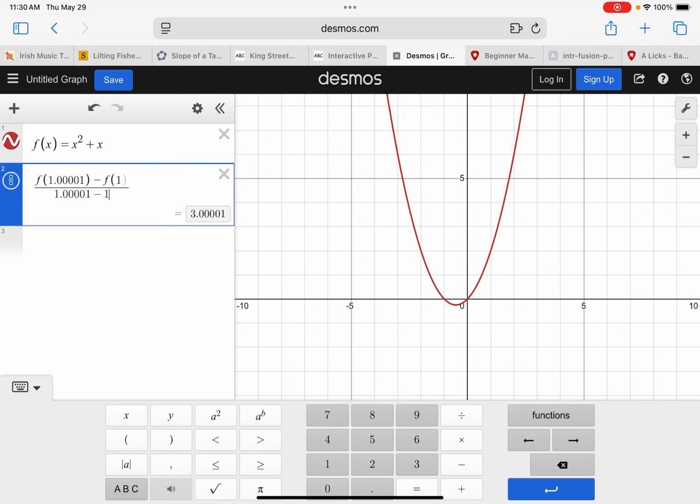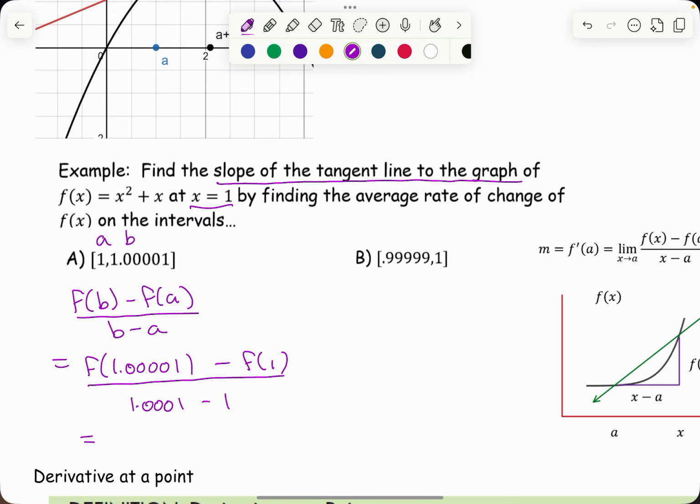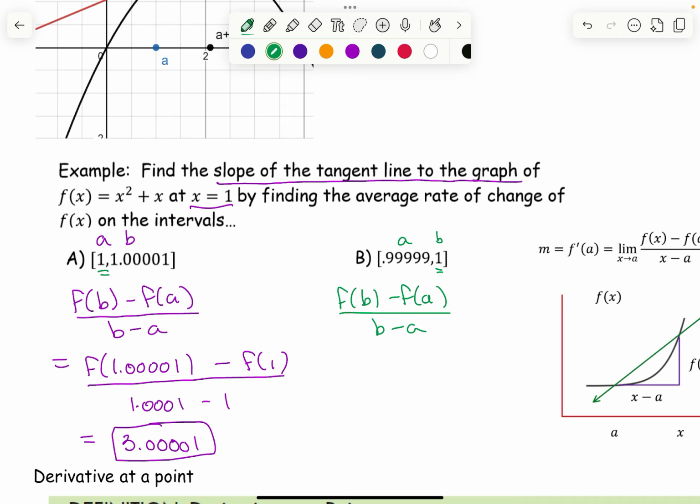Okay, we get 3.00001. So that's the average rate of change coming from that side. Let's do something similar. Notice 1 is involved in both cases, but this time we're going a little bit to the left side. So f of B minus f of A divided by B minus A is going to be f of 1 minus f of 0.99999.